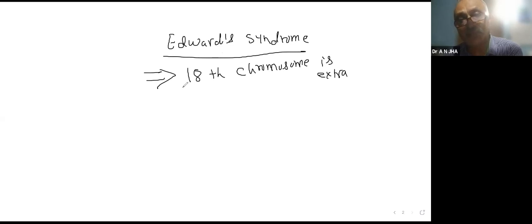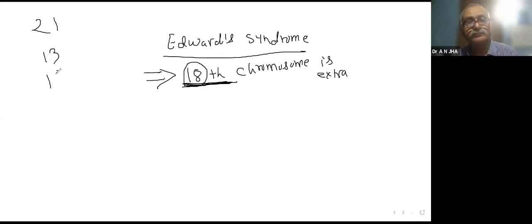The main important thing is this one: the number of chromosomes involved in the following syndrome. So this number is more important. Always mark it, because from autosomal, only three are there. So you should remember this.